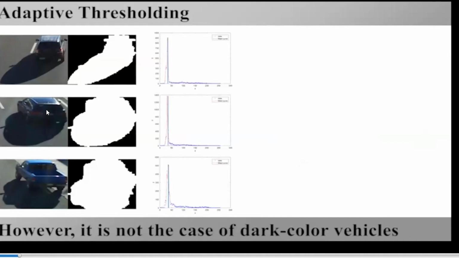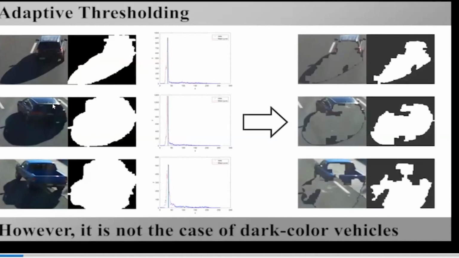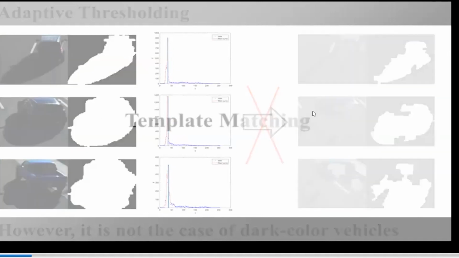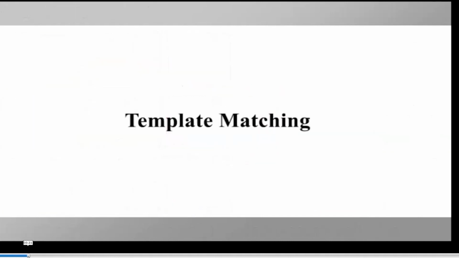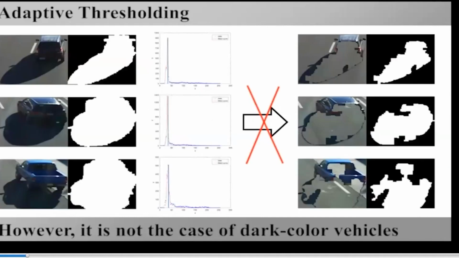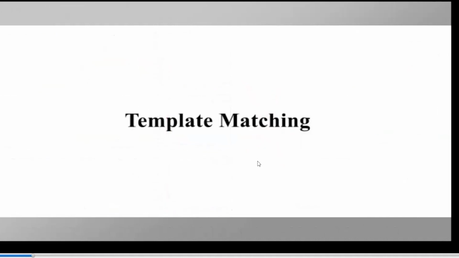But for the black vehicles, you can see the vehicle and shadow are quite close. If we remove the shadow only based on the color, based on the texture, you remove part of the vehicles. This is the major problem with the existing algorithm.